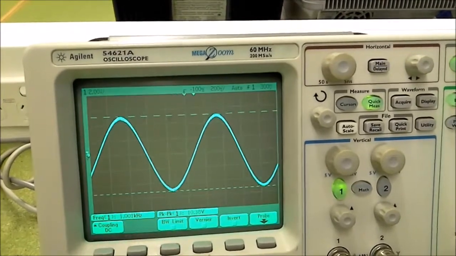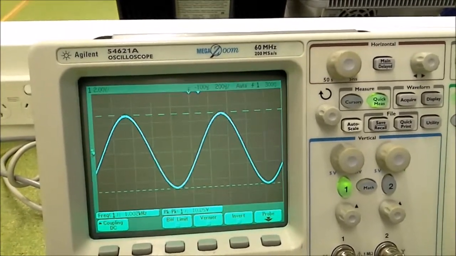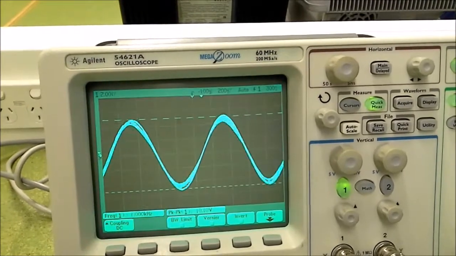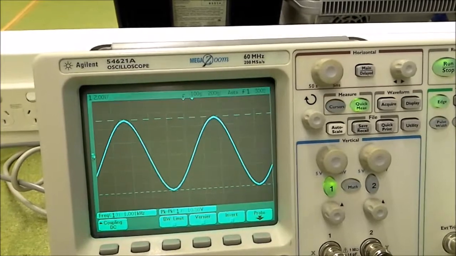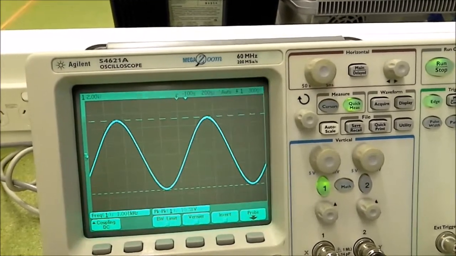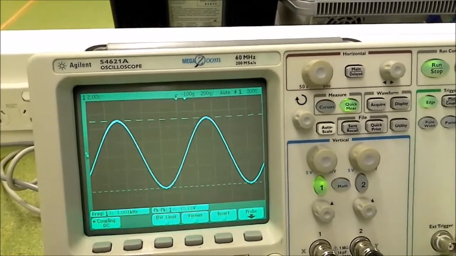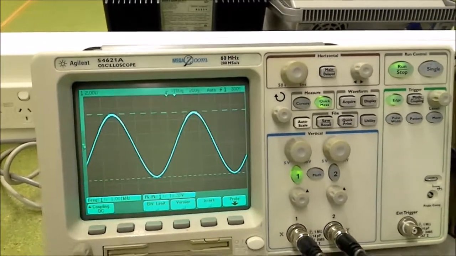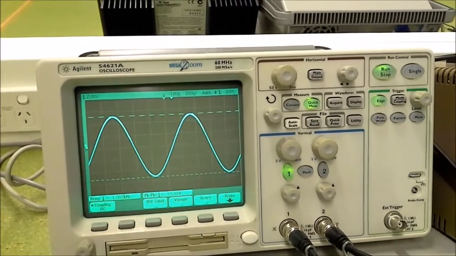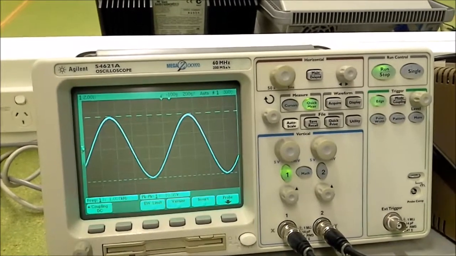So we need peak to peak amplitude of 10 volts corresponding to peak amplitude of 5 volts. Okay, you can leave it. It is approximately almost 10 volts.